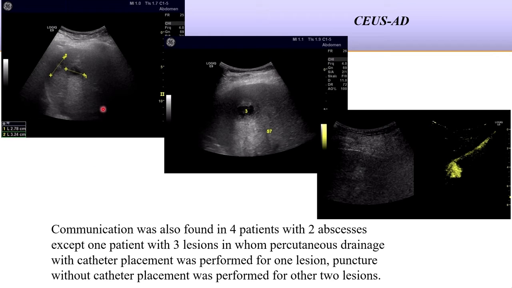This patient had 3 cavities, 1, 2, 3. Extravascular contrast enhanced ultrasound showed there was no communication between them. So we performed the catheter placement for this cavity and puncture without catheter placement for these two lesions.